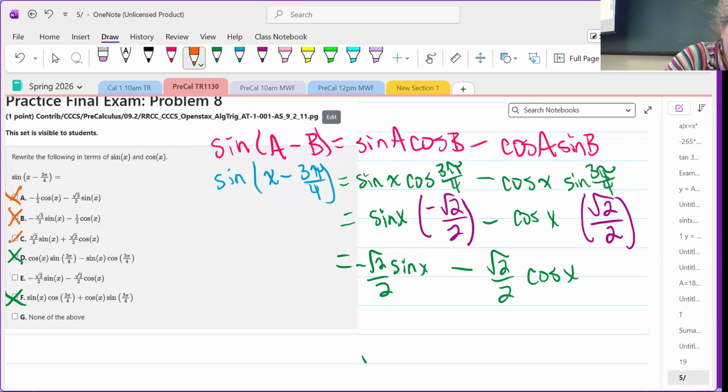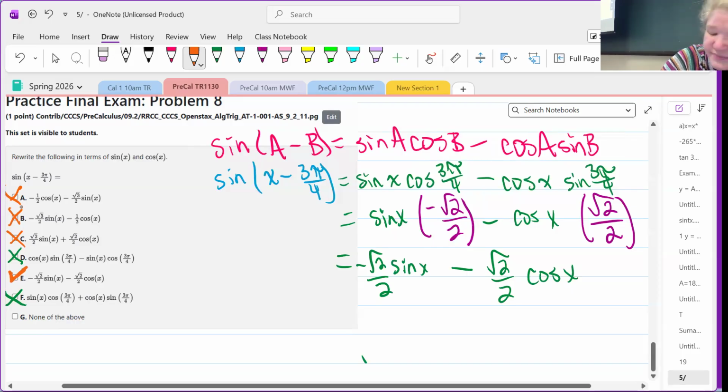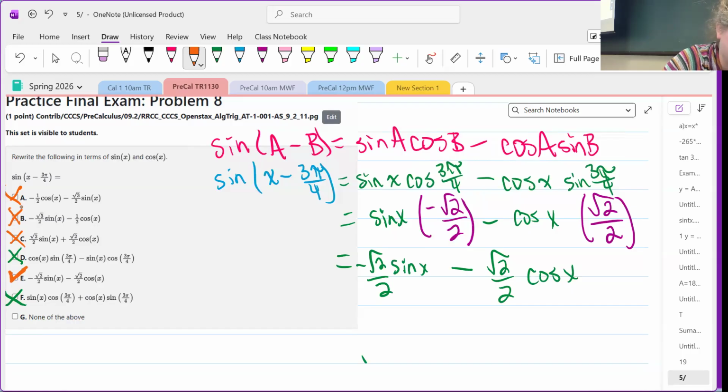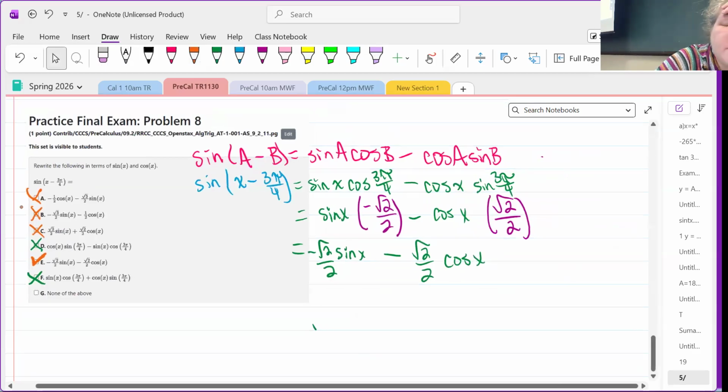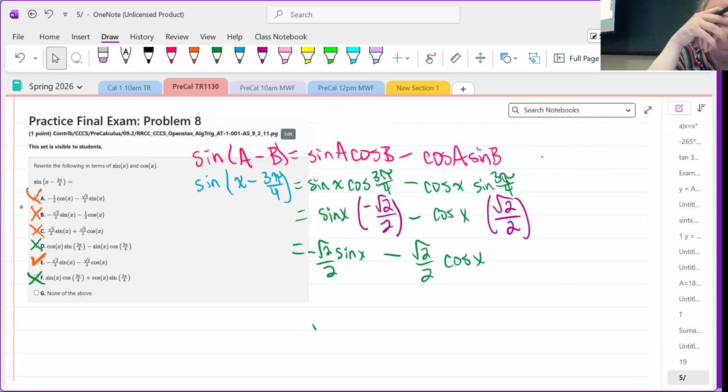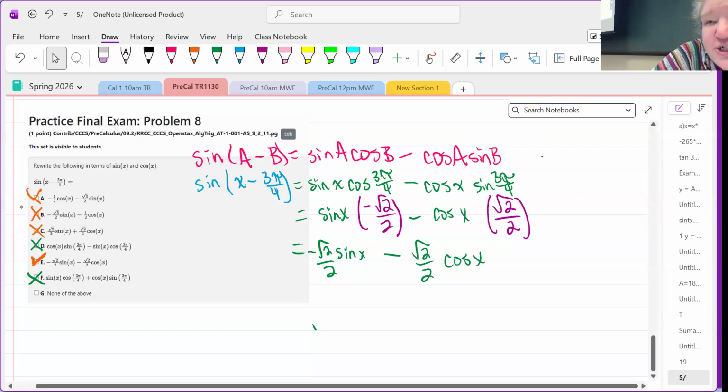C, everything is positive, so it's not C. But E is correct. So you just copy down the right formula, follow the pattern, evaluate the ones that had numbers, and then simplify it a little and find the answer that matches.